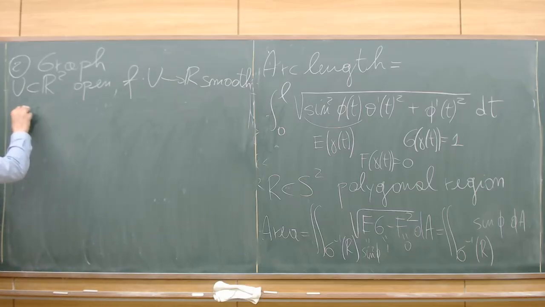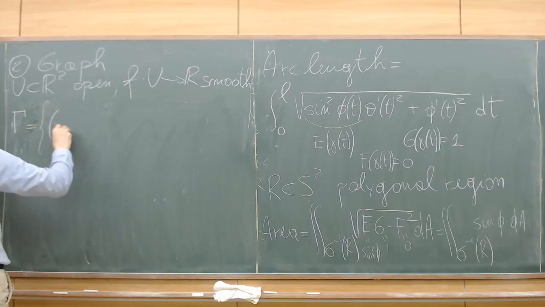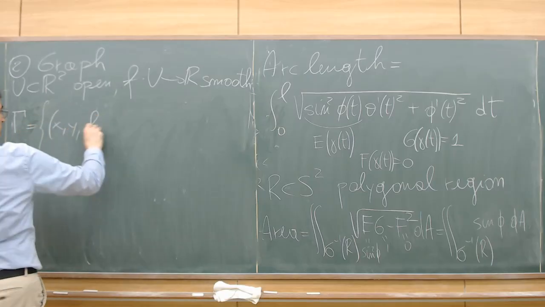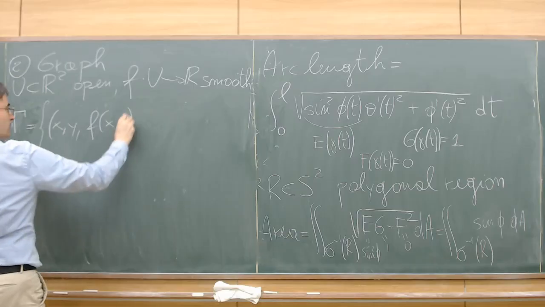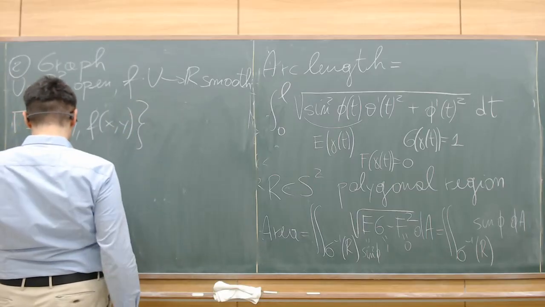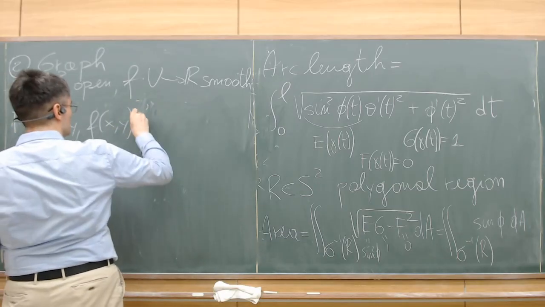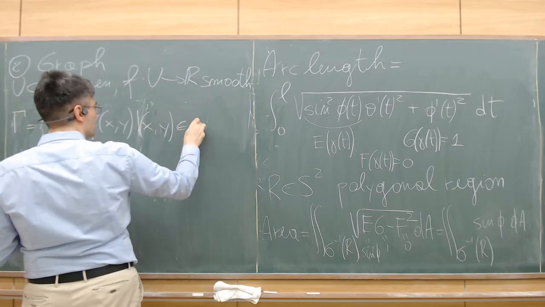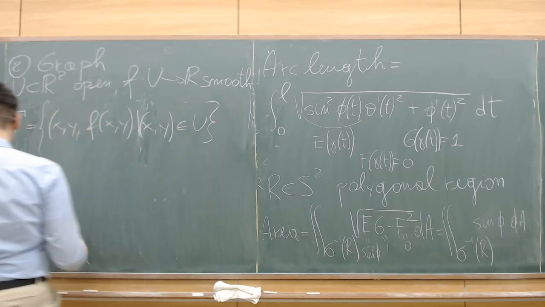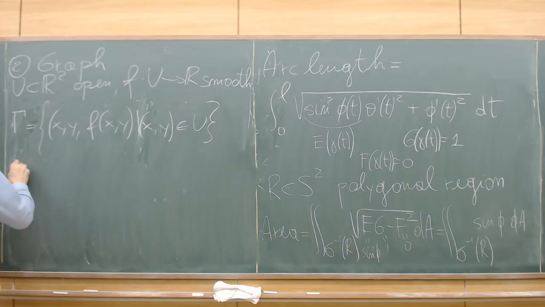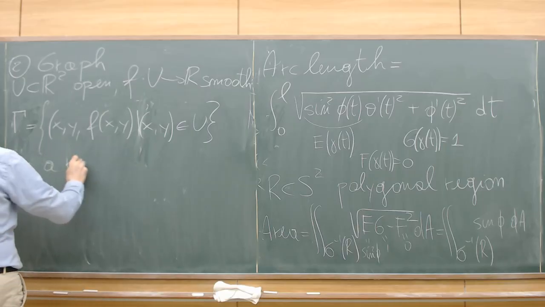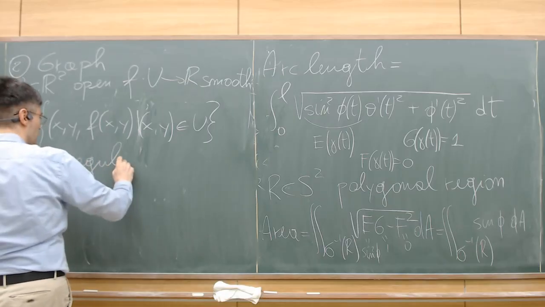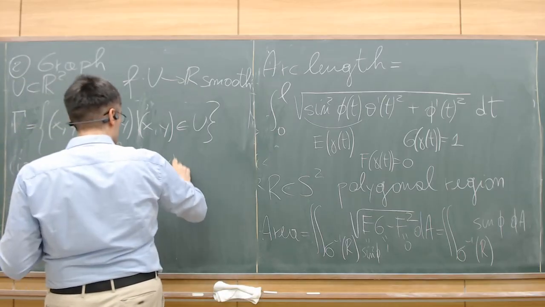Let's use gamma for the graph. Let's write also x, y, and u. This is the graph of f, and this is a regular surface.